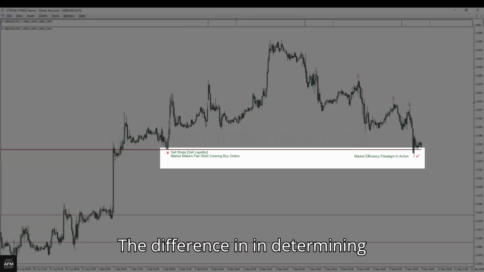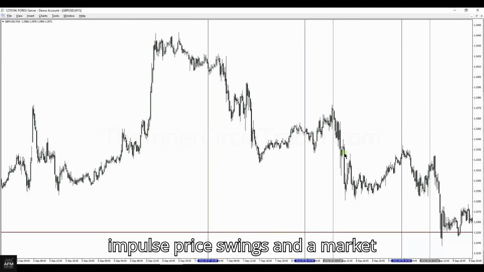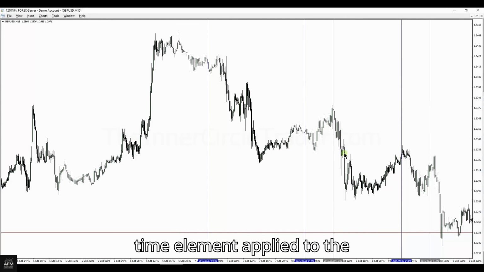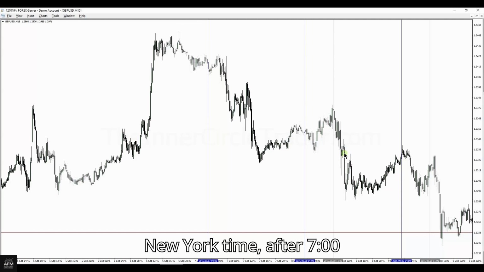The difference in determining impulse price swings and market protraction is the fact that there is a time element applied to the small impulse swing after midnight New York time, after 7 a.m. New York time, and 8 p.m. New York time.